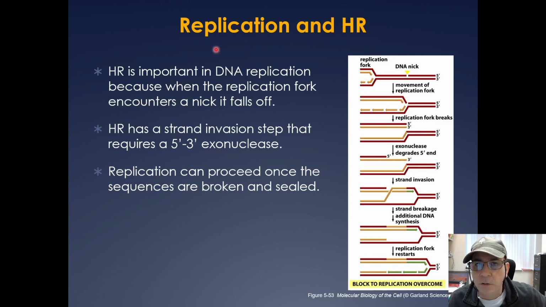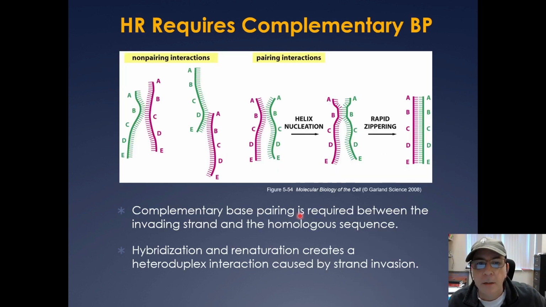So this is what happens when the DNA polymerase hits a nick in DNA. Once again, this is a process that you guys should all know how it works to repair, because it happens quite a bit.